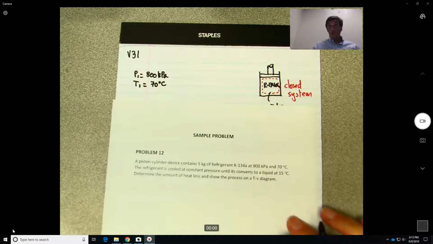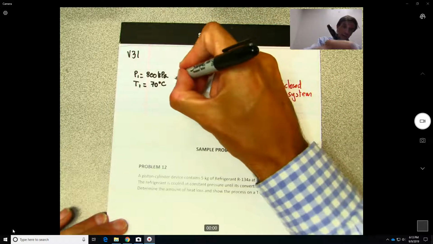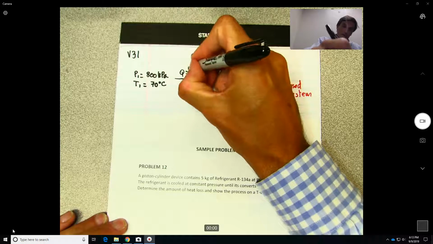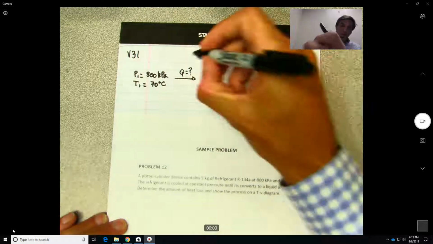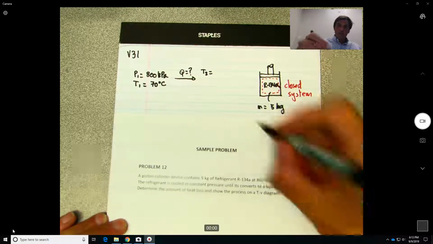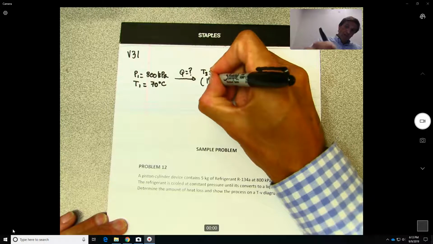Okay, just copying over here. So now this is going to cool down, and we go to a state where we know T2 is equal to 15 degrees Celsius, and that it is in the liquid state.